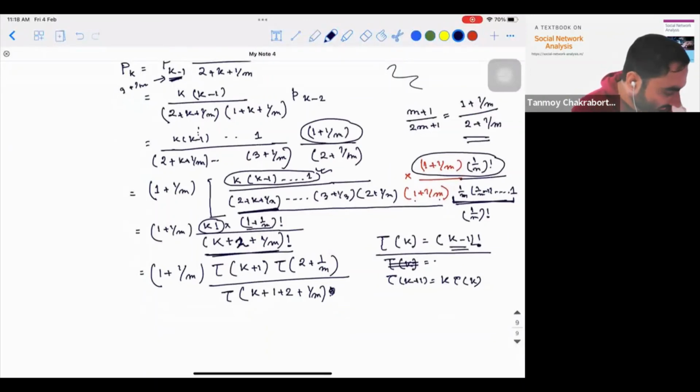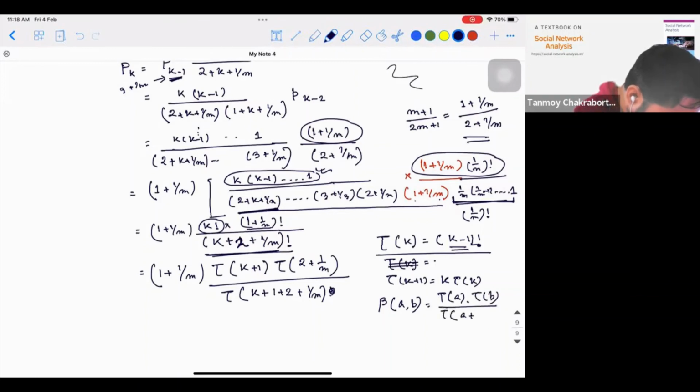Now there is another interesting property: there is another function called the beta function. Beta a comma b is gamma a times gamma b by gamma a plus b. Okay, now look at this.